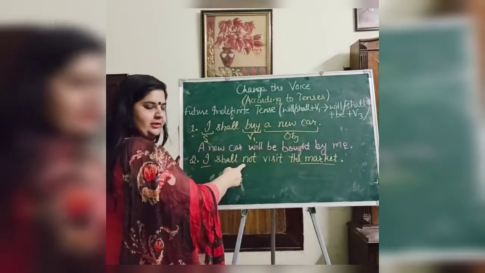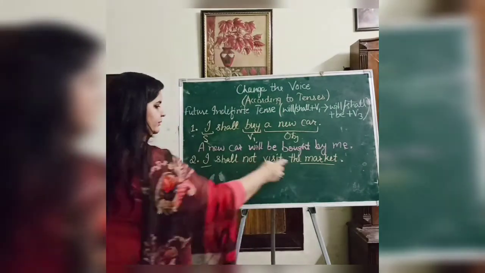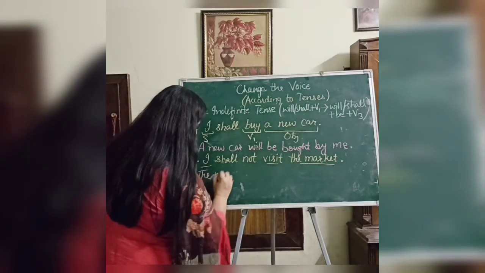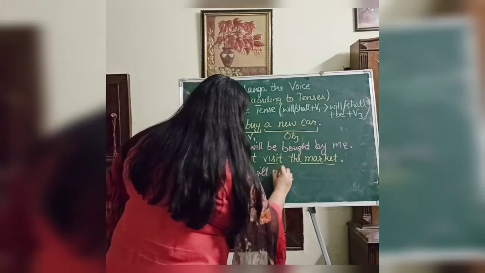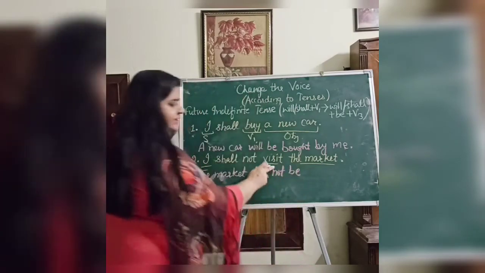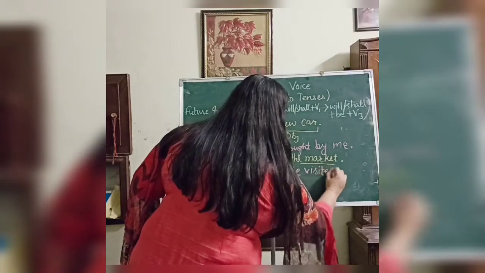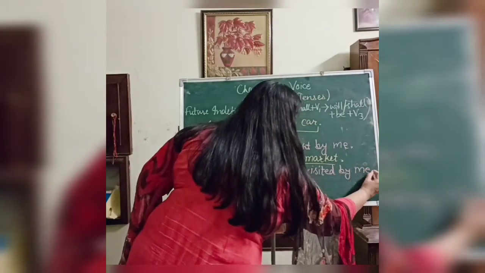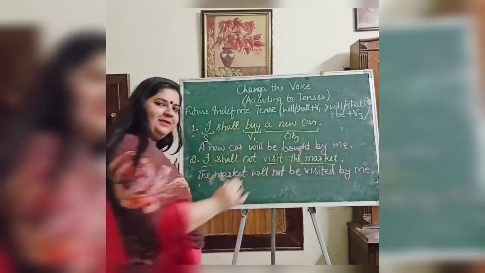Shall not will be replaced by will not be and the third form of the verb. Let's see. The market will not be. What is the third form of visit? Visited. By. What is the passive form of I? Yes, me. The market will not be visited by me.